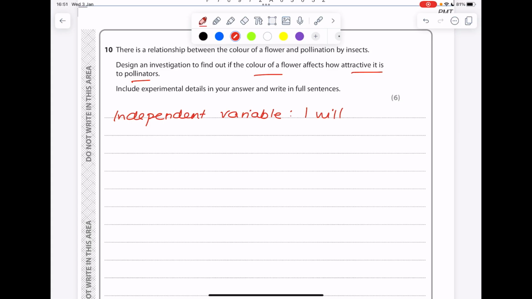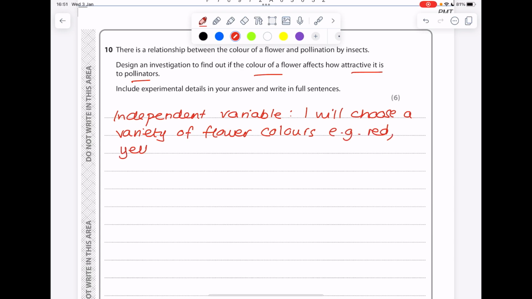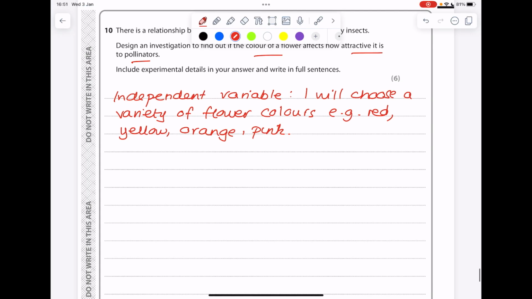I will choose a variety of flower colours, because after all that's what we're changing in this experiment, e.g. red, yellow, orange, pink.